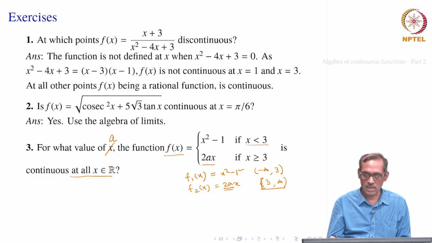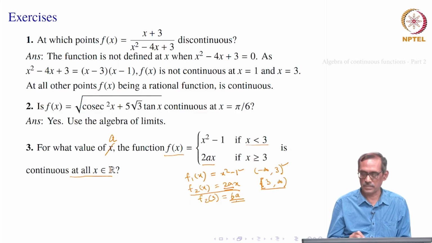So, continuity at 3 of f2(x) means the limit as x goes to 3 plus should be equal to its functional value, and that is only assumed here. That may not match with the other one, x goes to 3 minus, which will come from f1(x) in the new function f. So, there is a possibility. Also, the functional value f2(3) equals 6a.